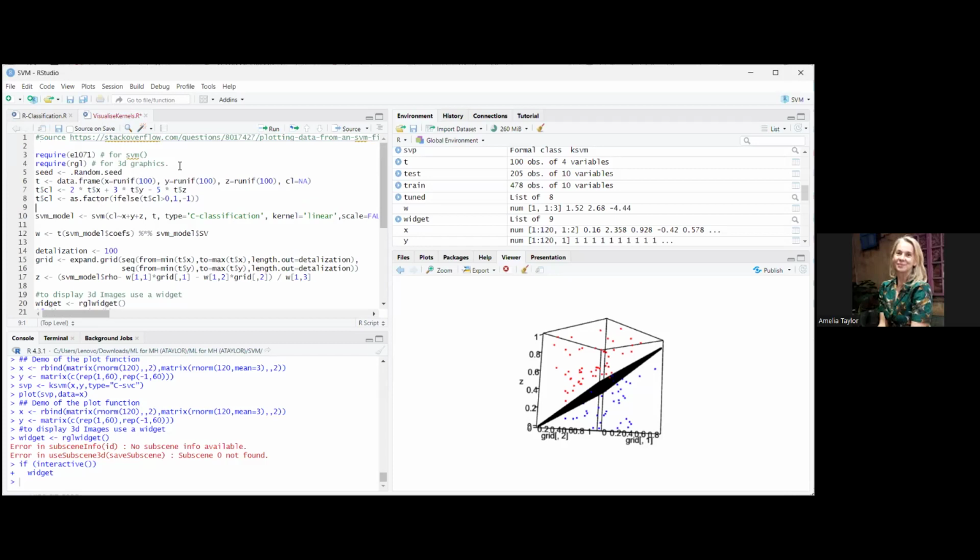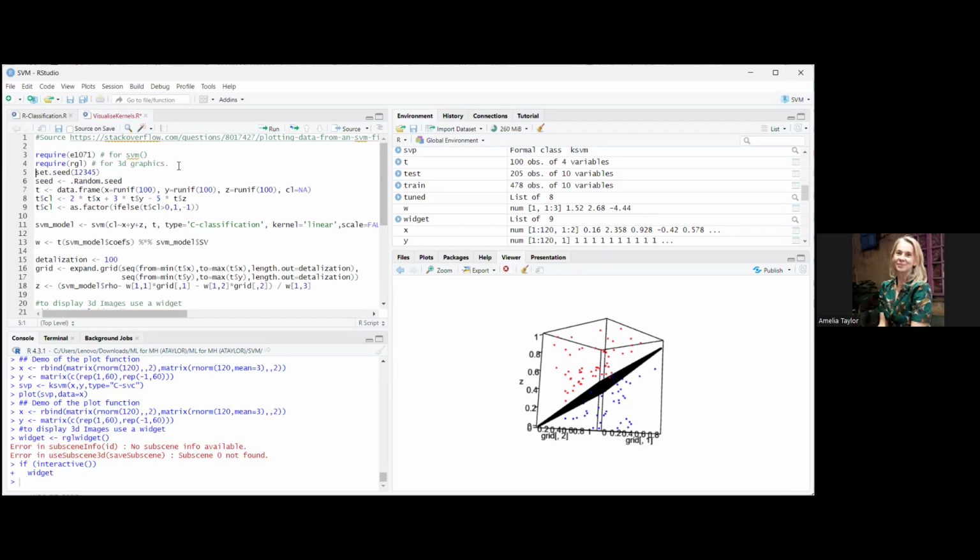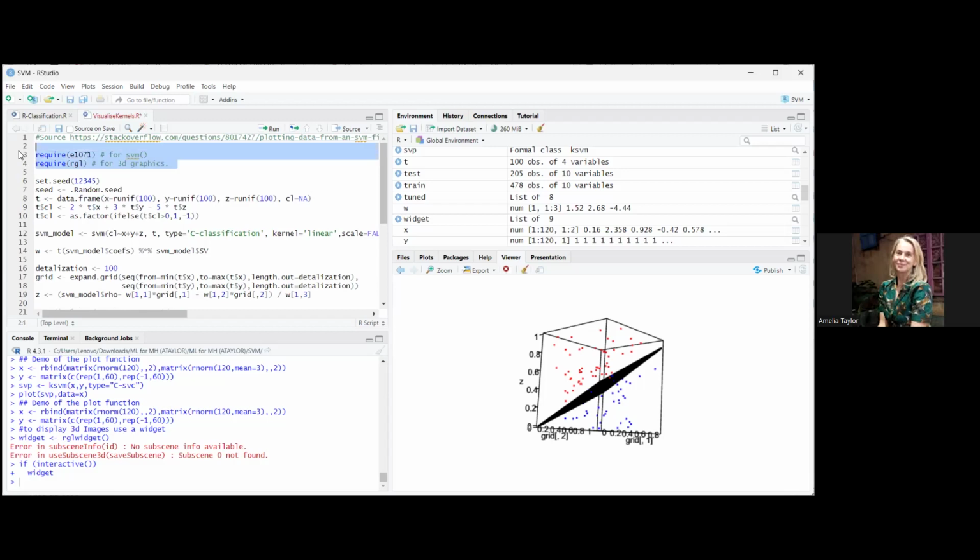It could be that you'll have to install some of these packages. Here, you'll have to install the support vector machine package, and the other one is for 3D graphics. You install the packages in the usual way with the install.packages command on the command line.